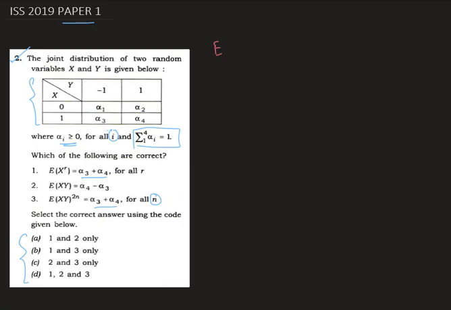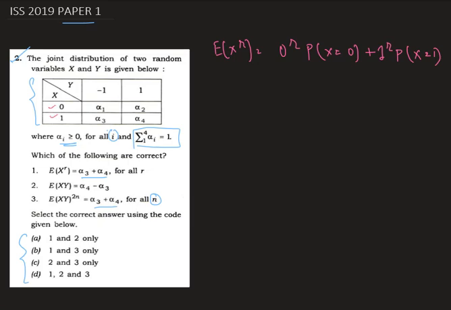So here expectation of x to the power r is 0 to the power r times probability of x equals 0 plus 1 to the power r multiplied by probability of x equals 1. We write it from the definition of expectation as x only takes two values, that is 0 and 1.